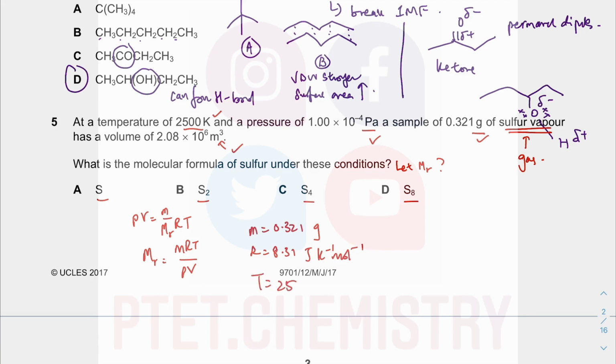Your T is 2500 Kelvin. Your P is 1.00 times 10 to the minus 4. Your V is 2.08 times 10 to the 6. Put all that into your calculator. So no need, once I write all of them down in the correct units as required. So this is Pascal, this is meter cube.